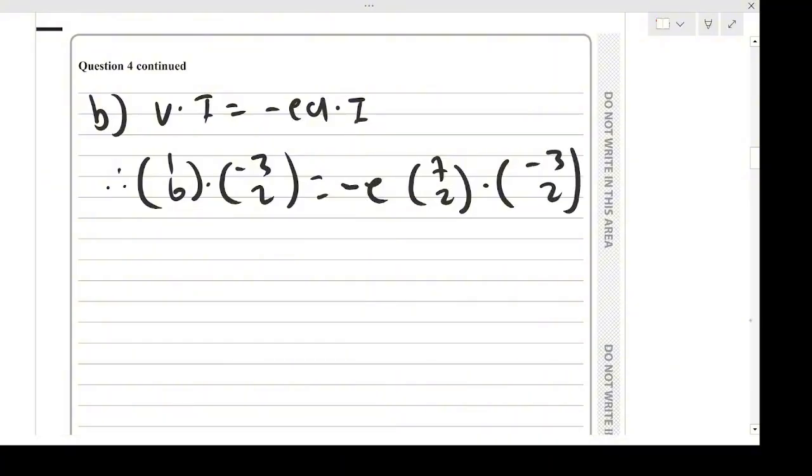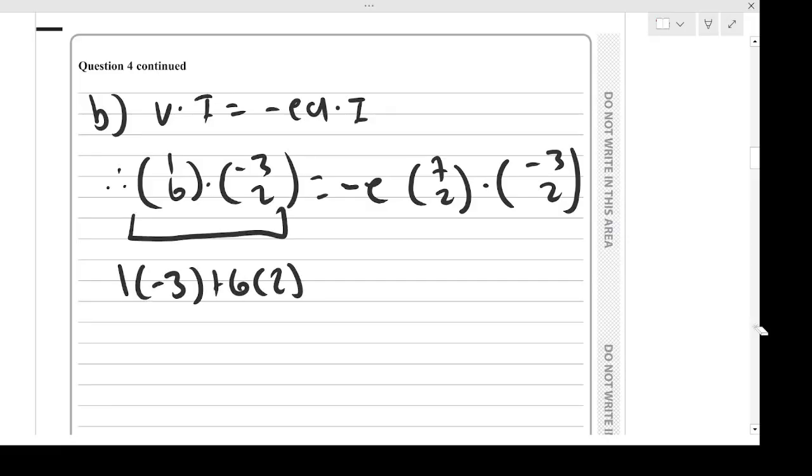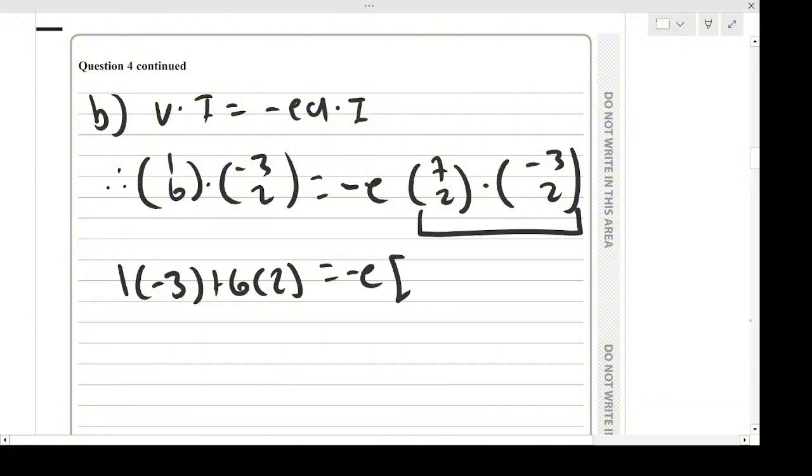And so I can work out these dot products and solve for E from there. So if I work out this dot product, that's going to be 1 lots of minus 3, add 6 lots of 2, is going to be minus E lots of, then if I work out this dot product on the right, it's going to be 7 lots of minus 3, add 2 lots of 2.